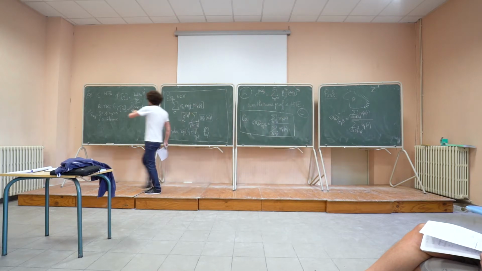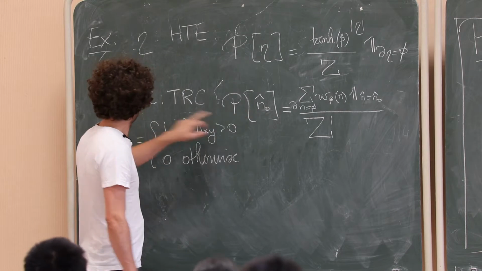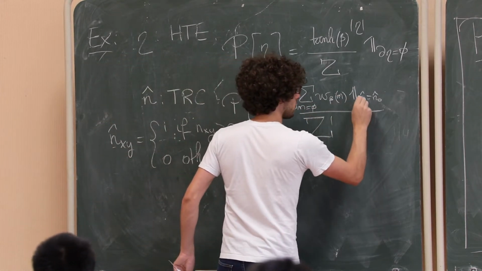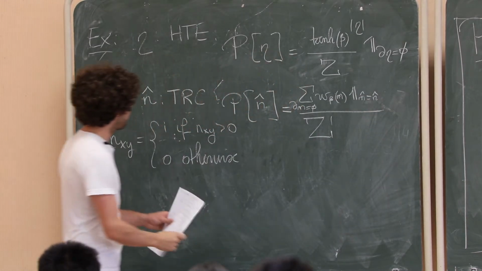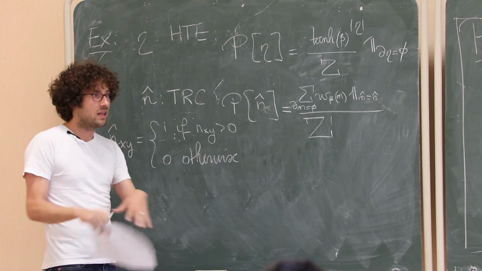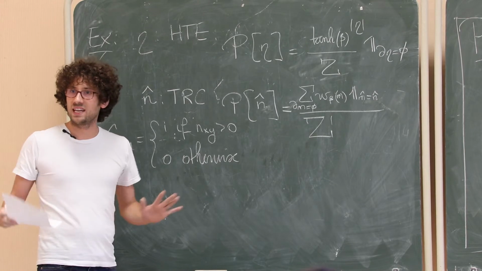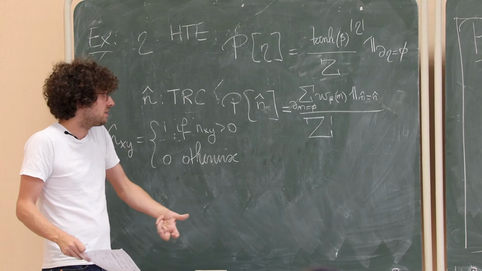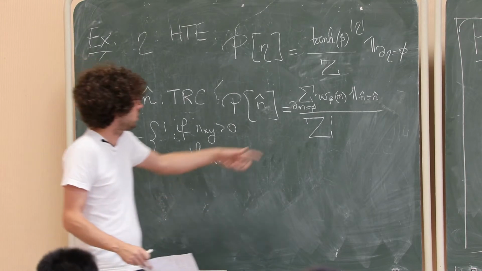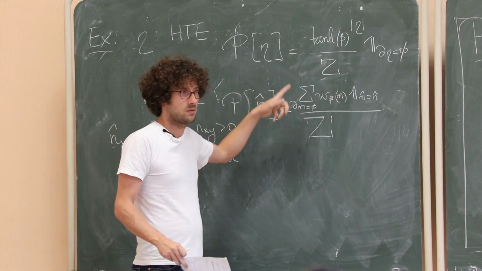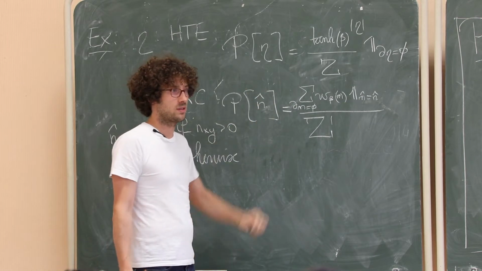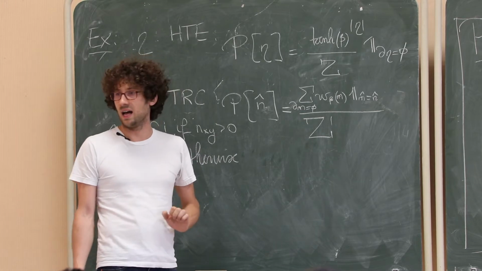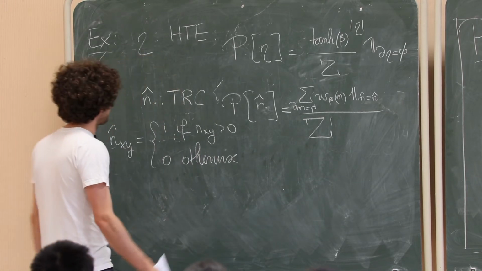So here is just the probability of this n, or maybe let's put n and m to avoid confusion. So the probability of n hat is just a distribution on open and closed edges. And the probability of my distribution is just, I take the trace of my currents, I look at the probability that this trace is exactly equal to my n hat, and I get my distribution.